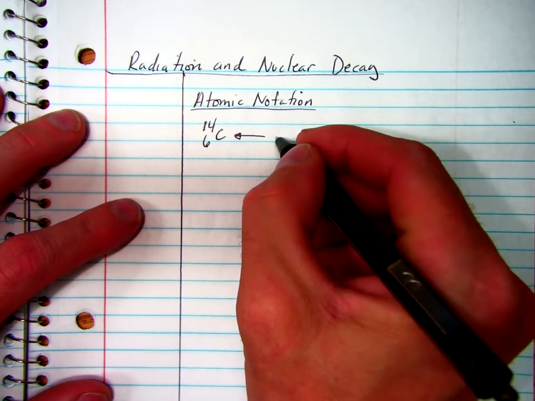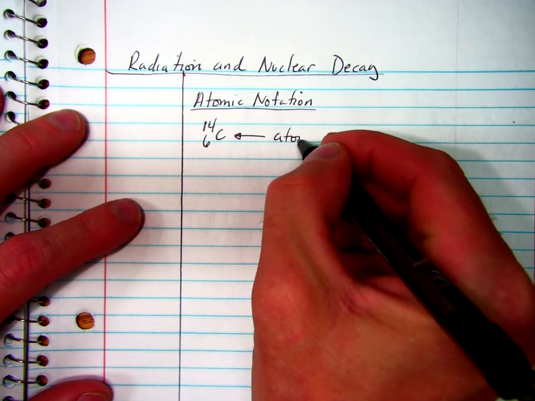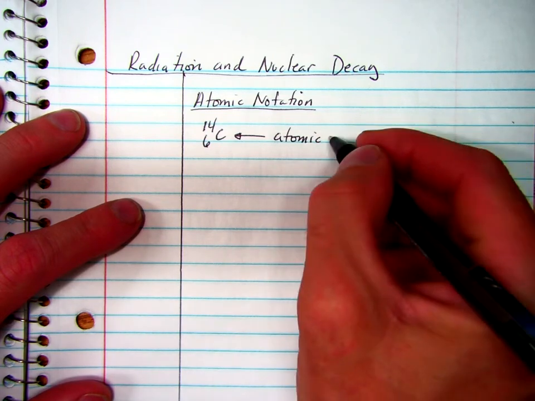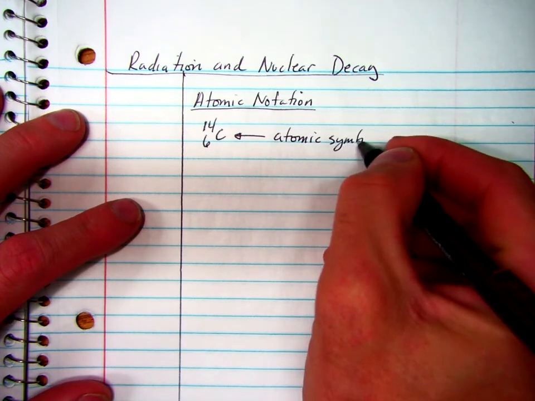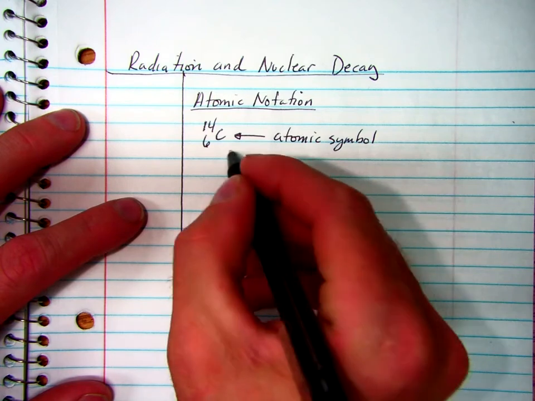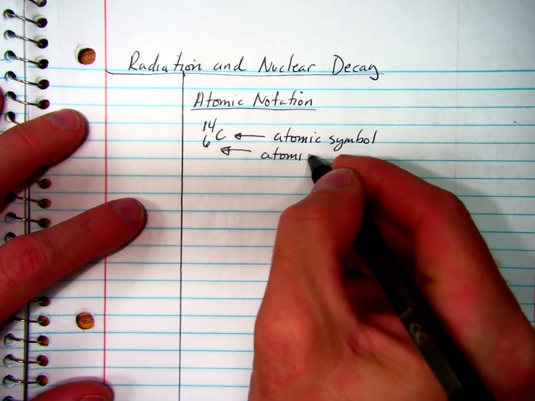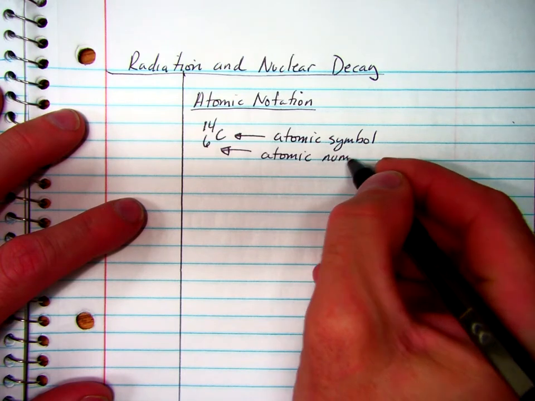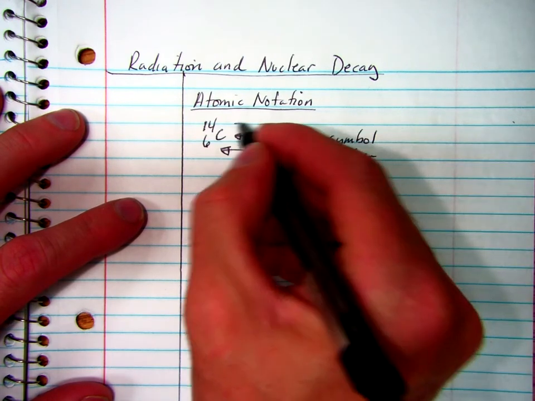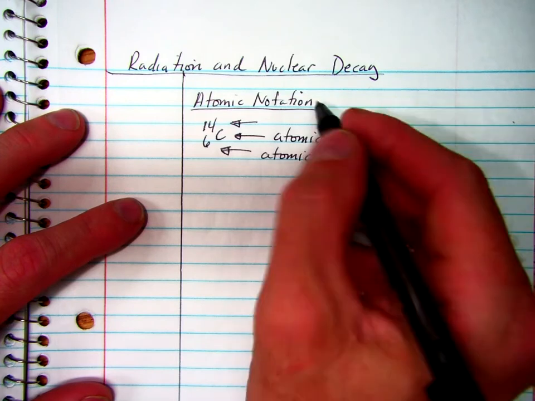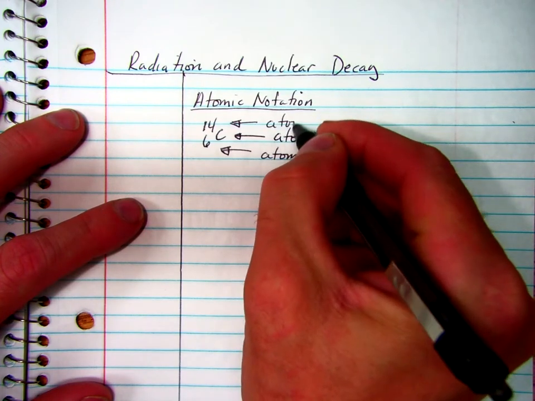This is the symbol. This is the atomic number. And the top number is the atomic mass.